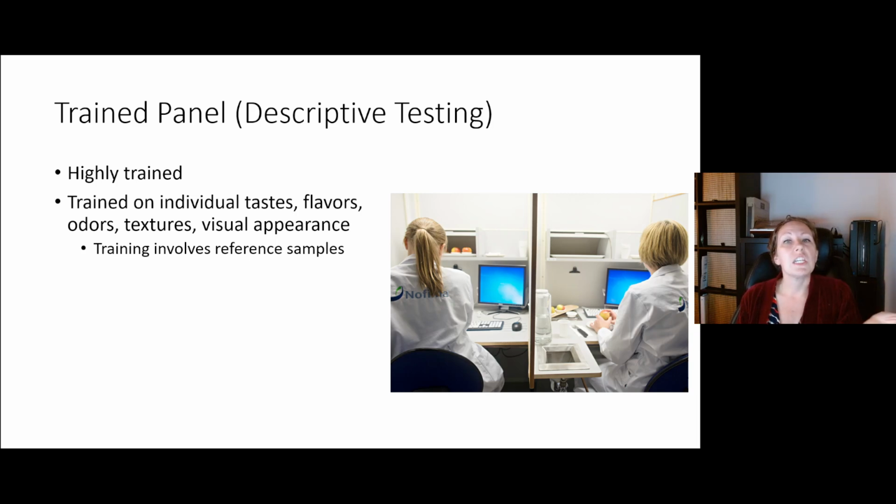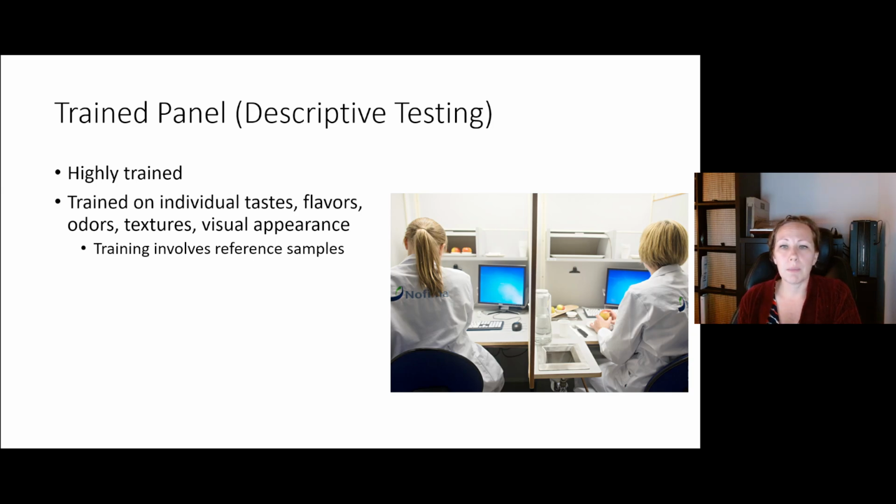That would be a 15 for saltiness. Okay, and so they would train on these reference samples and be able to recognize this is a 5, this is a 7, this is a 10, this is a 15, and then when they try the food, they can immediately recognize what level of that taste was in the food.